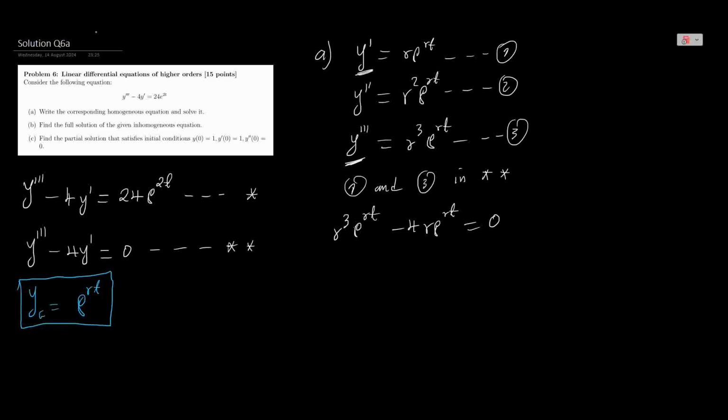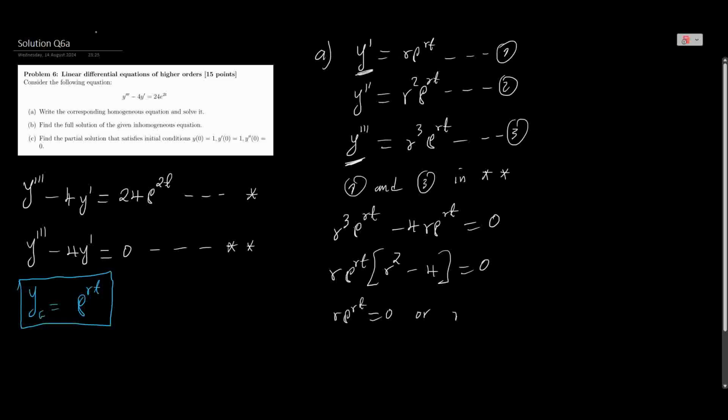So we notice here that r e raised to the power rt is common. If we factor out r e raised to the power rt, we're going to be left with r squared minus 4 equal to 0. Now this simply means that r e raised to the power rt is 0, or r squared minus 4 is 0.